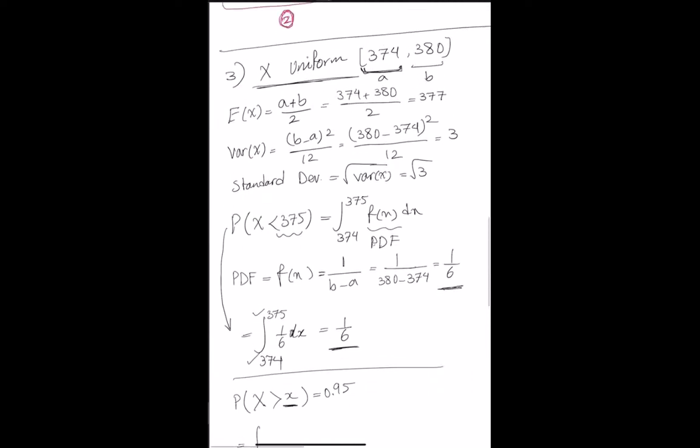So this is going to be the integral from x to the upper bound, and upper bound we know is 380, f of x, which is 1 over 6 d of x, and we want this to be 0.95.